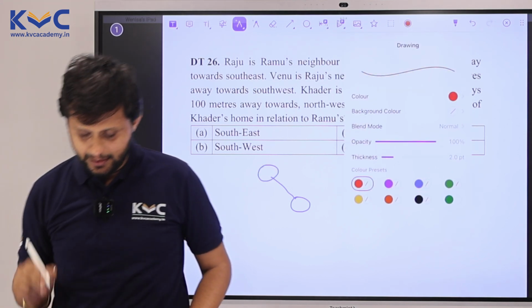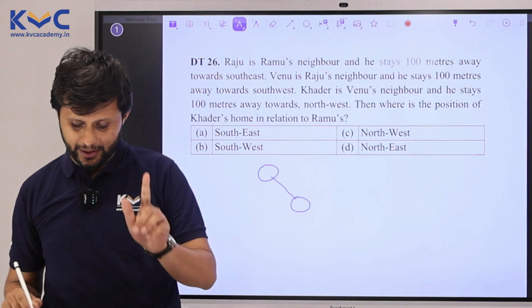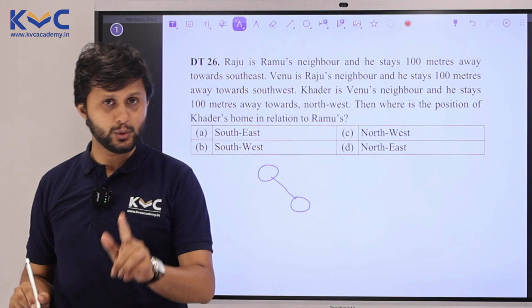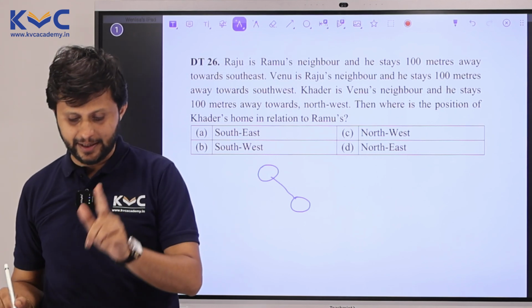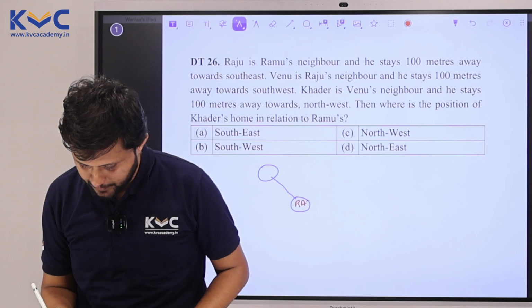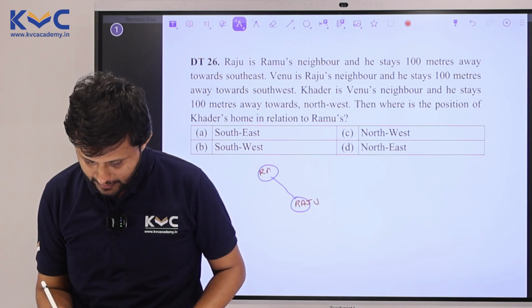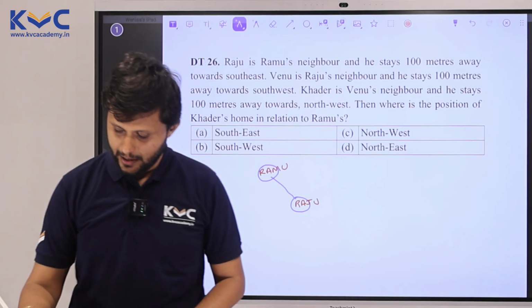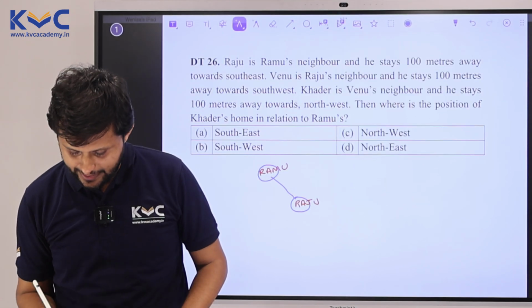Let's mark that clearly. Raju is Ramu's neighbor. And he stays, Raju stays 100 meters away towards southeast. So this is Raju. And this is Ramu. Clearly written in red over here. Continuing back to blue. Okay, this is 100.